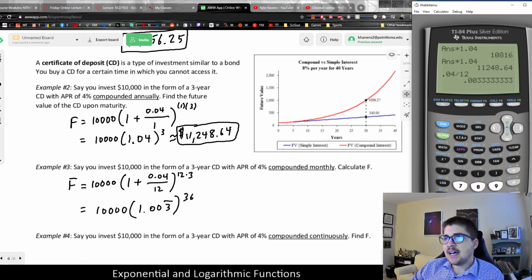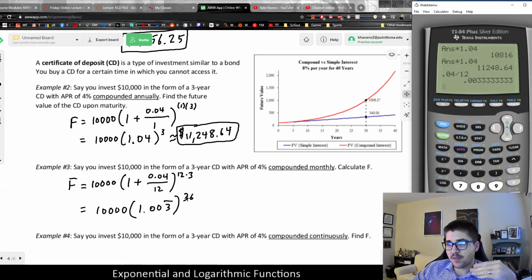And basically, since I'm doing it every month, what's happening is I'm actually doing this repeated multiplication quite a bit more frequently. The base interest rate, which we often refer to as the periodic interest rate, is divided by 12 since I'm doing it once per month instead of once per year. So the interest rate is a lot smaller, but I'm doing it a lot more frequently.